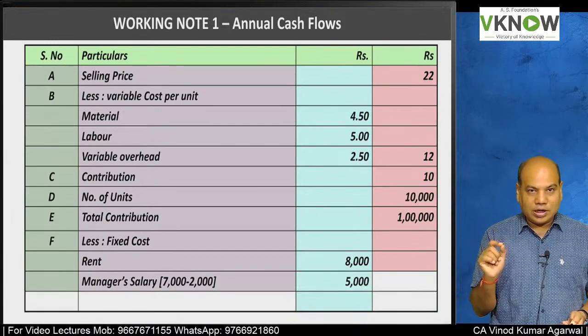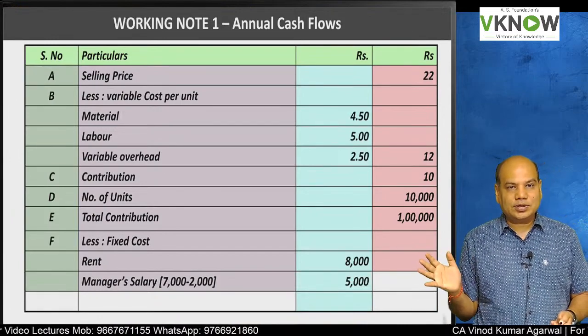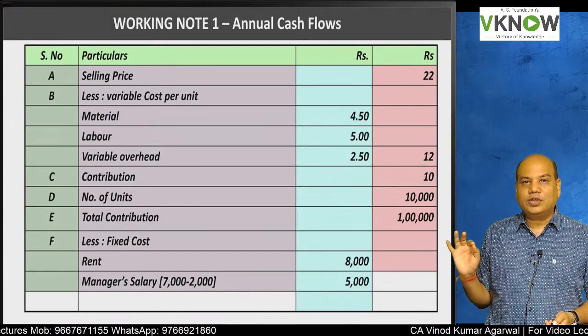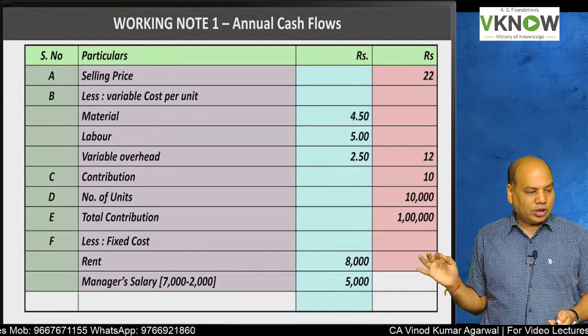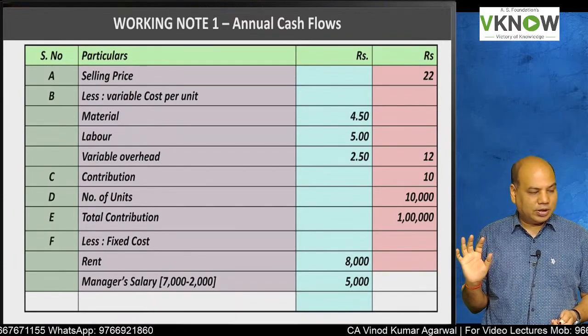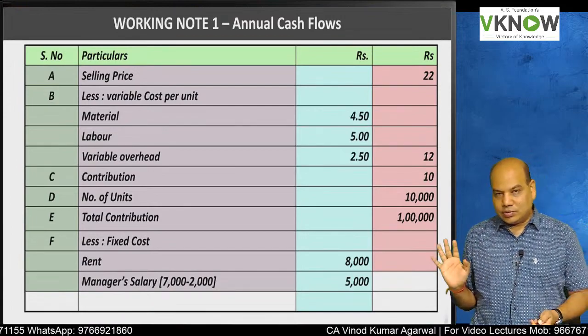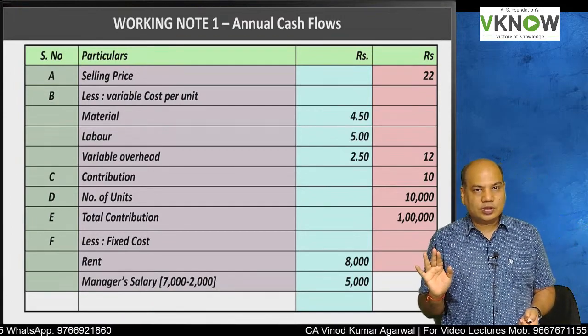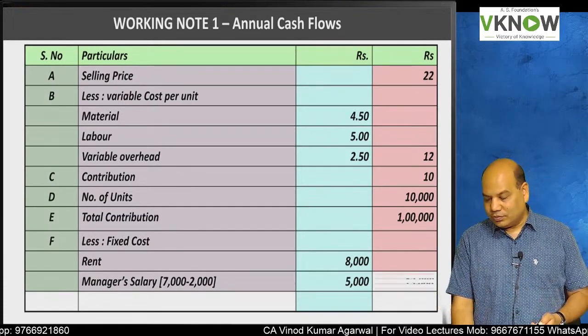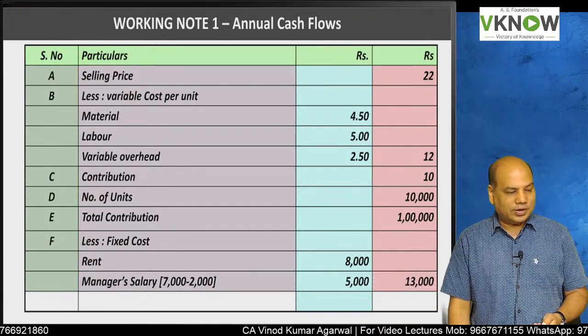Depreciation is not relevant, it is a non-cash expense. Relevance of depreciation is if there is tax liability on the company, presence of depreciation will reduce the tax liability, but there is no tax in this question. And head office fixed cost is not relevant because total head office fixed cost will not be affected by the decision.